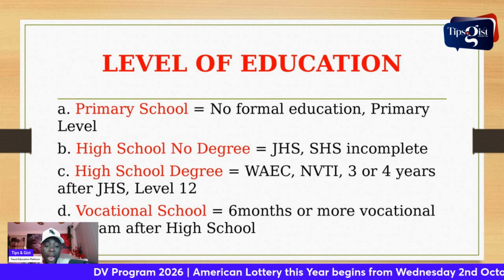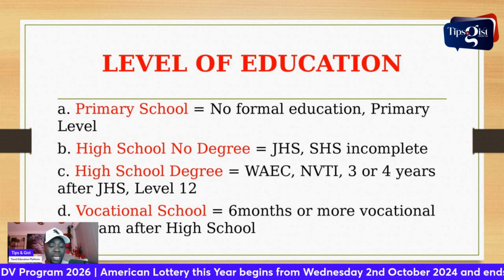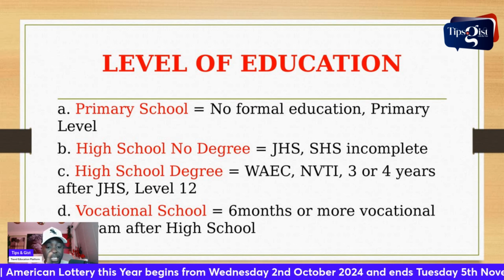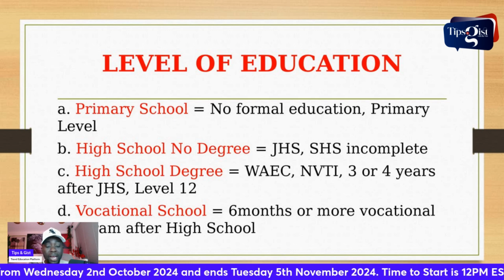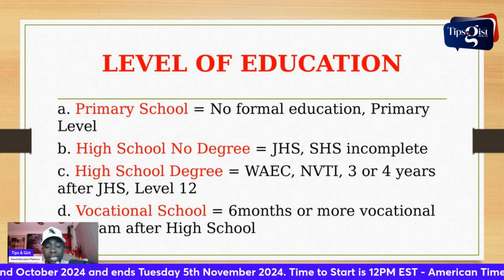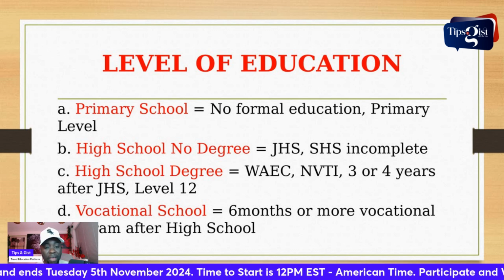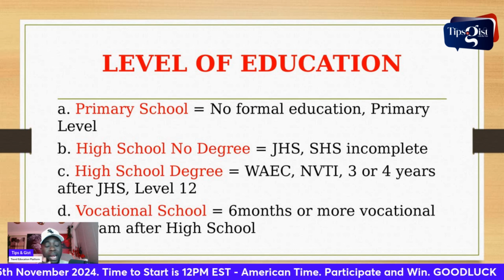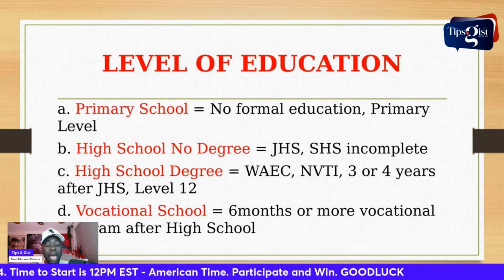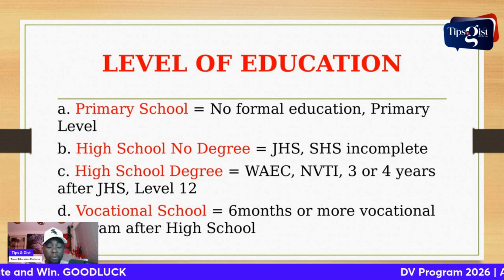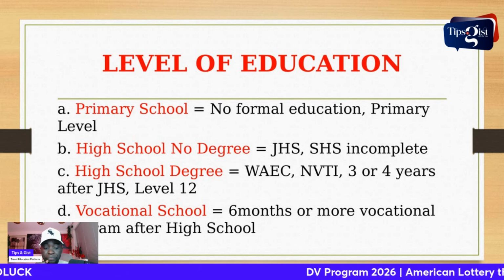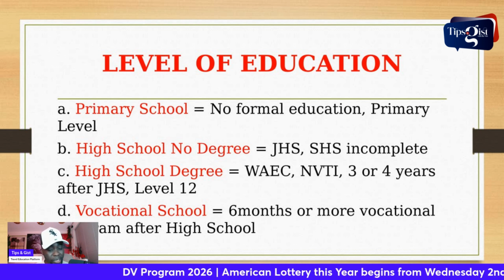So the other time I told you guys that class 6, JHS 1 is class 7, JHS 2 class 8, JHS 3 class 9, then SHS 1 class 10 or level 10, SHS 2 class 11 or level 11, then SHS 3 is class 12 or level 12, and that is American high school degree. So in America, when we say high school degree, it is level 12 of formal education from elementary and a senior high level.